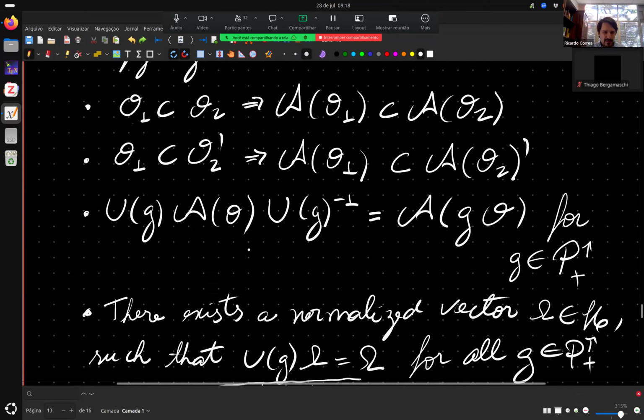I hope that I can implement my proper orthochronous Poincare group by unitaries. When I act with these unitaries associated to the Poincare group on the algebra of some region O, they act by transforming the region O into the region G of O, so they act geometrically.